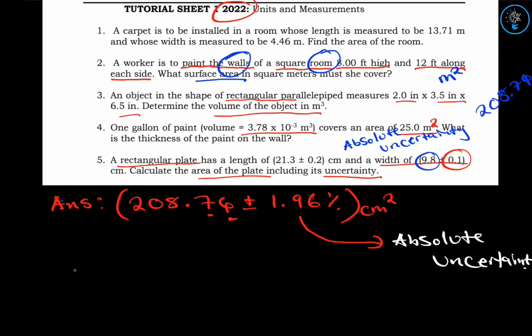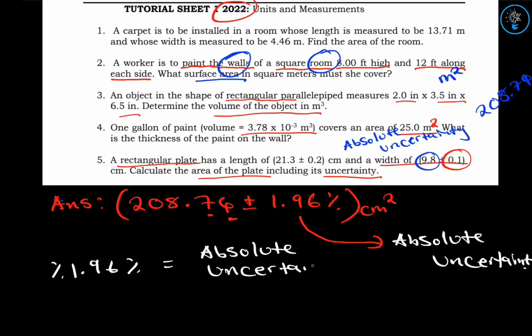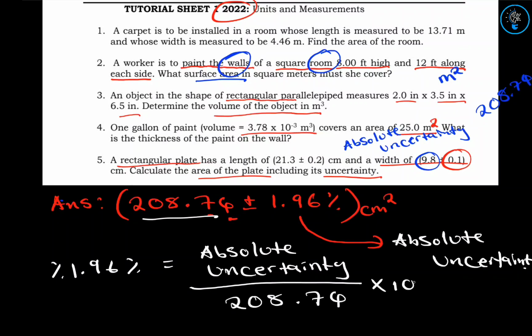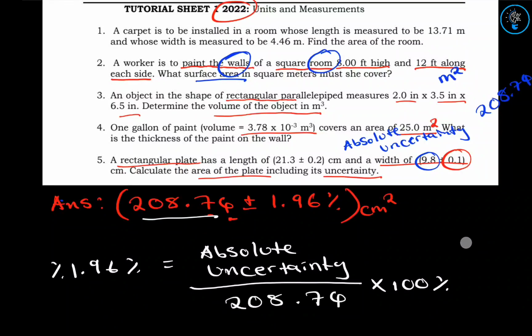Let's do it. We know that percentage uncertainty, in this case 1.96, is equal to absolute uncertainty divided by the central value, times 100%. So now we plug the value into our formula.